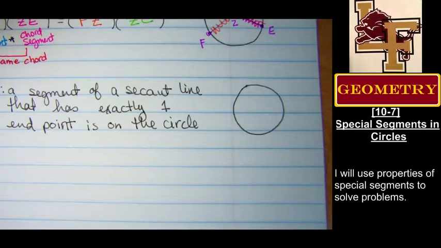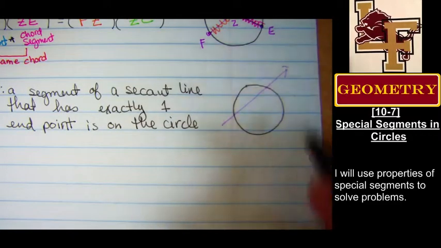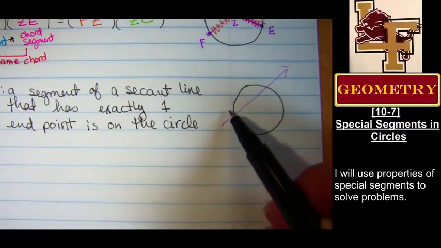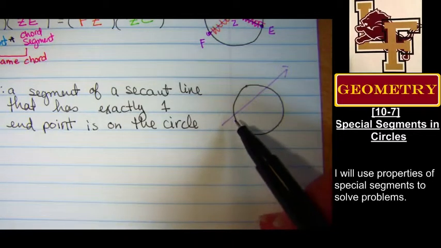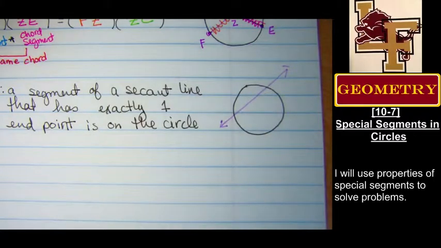A line cutting a C. It does cut a circle, and a circle starts with C, so I can see that. Yeah, that works. I can cut the circle, and it kind of makes a letter C right here. All right, so there's your line. It cuts a circle in two spots.